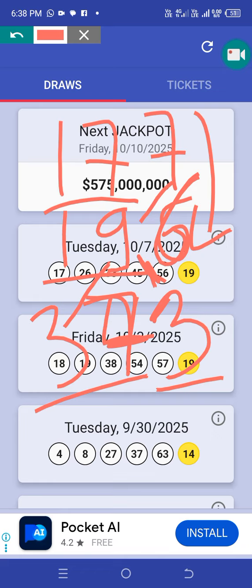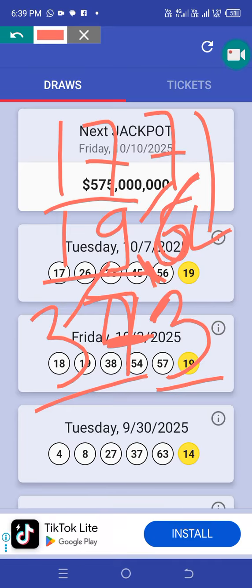Those are the code coming from the Mega Millions code. We have 17, 19, and the 37 and the 67. Those are the numbers coming from, especially this one. Then we have a 1, 3. The missing number is 2, right? The missing number is 2.